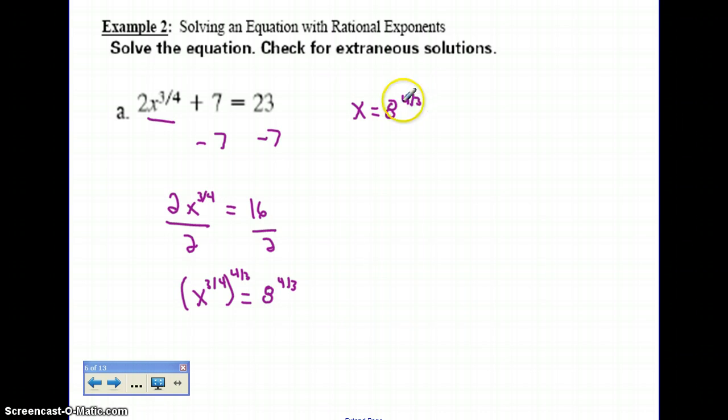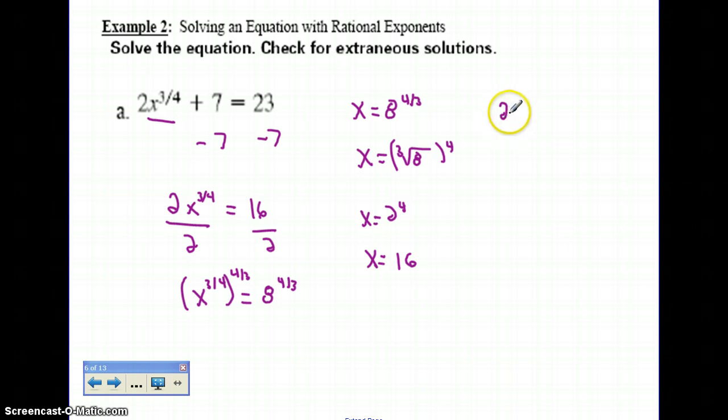One of the things we want to get used to is not just plugging into the calculator, because sometimes we have an issue when we do that. Remember we talked about how every rational exponent can be rewritten as a root. So this would be the 3rd root of 8, to the 4th power. The 3rd root of 8 is 2, to the 4th power. x will equal 16.